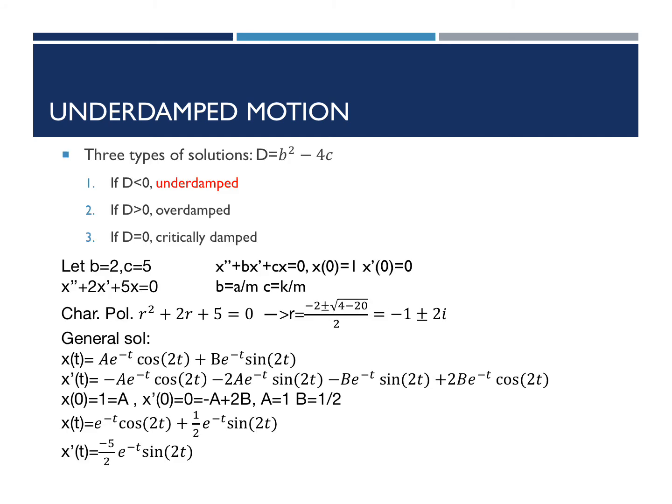There are three types of solutions depending on d, which is equal to b squared minus 4c. If d is smaller than 0, it's underdamped.